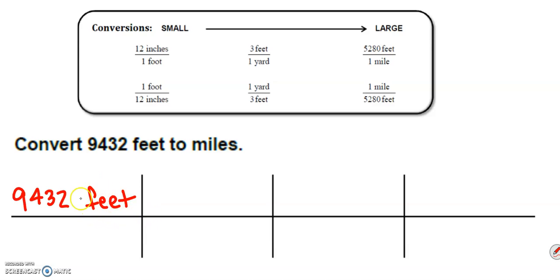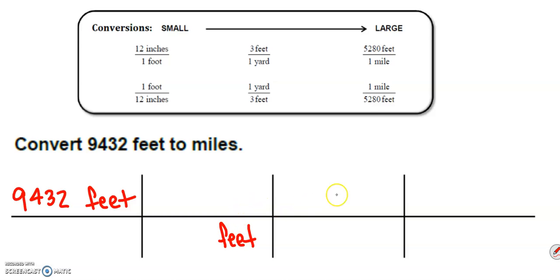I have feet up top over here, so I know that I'm going to have feet down here on the bottom. And eventually I'll get to where I have miles on top and all of my other units have been canceled out. So I always write what's given in this first one, and then the next thing, what I'm trying to get rid of and where I need to have it to get rid of it. Since I have feet up top here, I need to have feet on the bottom here.